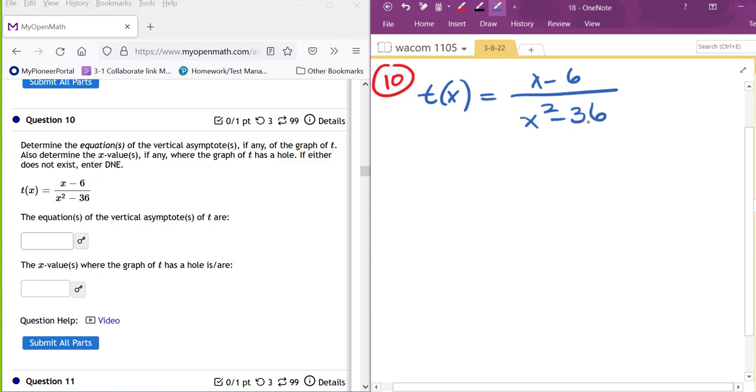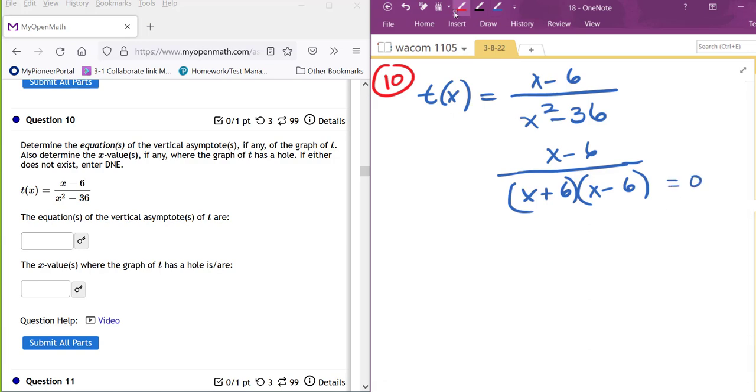This is a difference of squares. It has minus in there. So it factors to x plus 6, x minus 6. And then you would set this equal to 0 and solve just the denominator. But this one has a piece that cancels. And so this one that cancels gives you a hole instead.